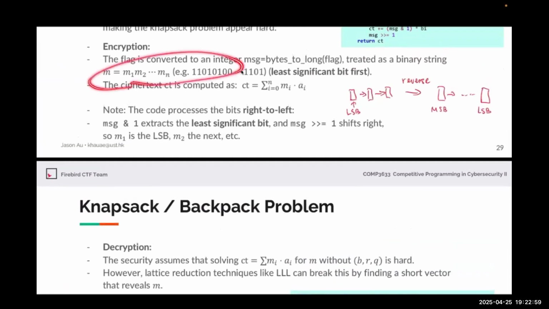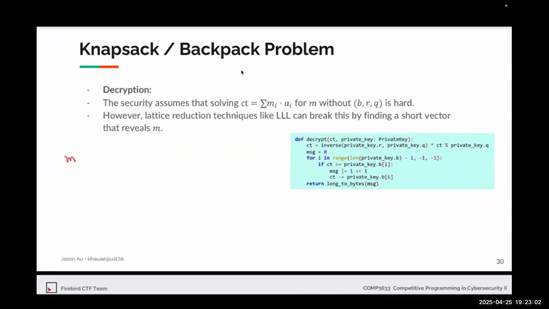For example, if the message is 11001, then the vector M would be 11001. Okay. And then M0 is this one, M1 is this one, and so on and so forth.